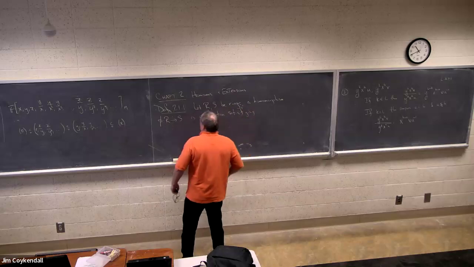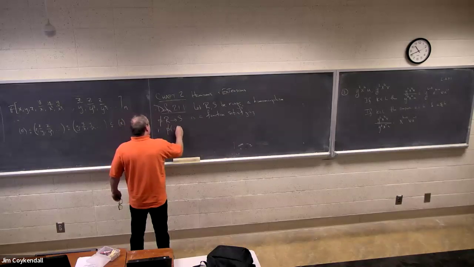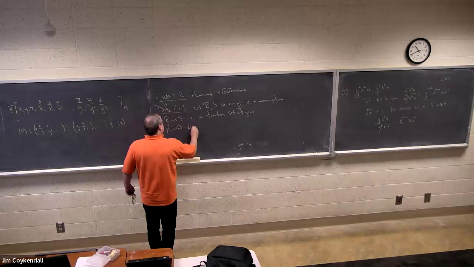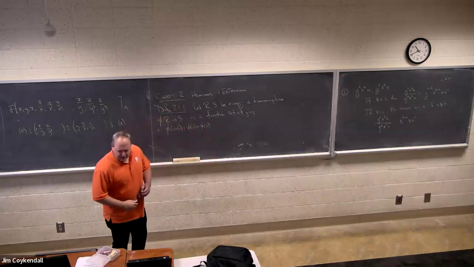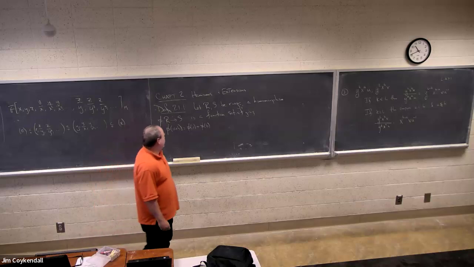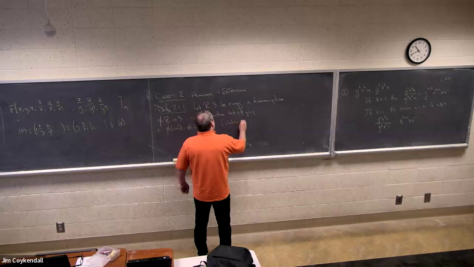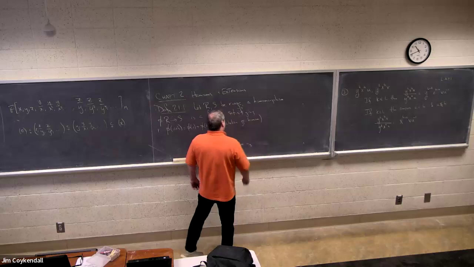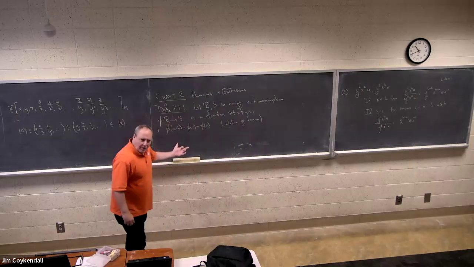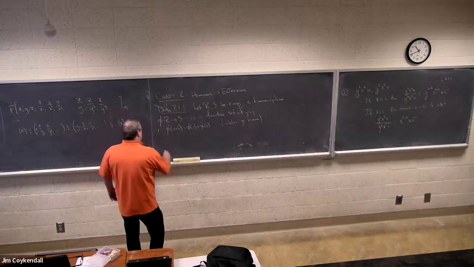Number one, phi of A plus B is phi of A plus phi of B. And let me take a moment just to emphasize that this just means an abelian group homomorphism. So of course, a homomorphism of rings has to first respect the fact that it's an abelian group.